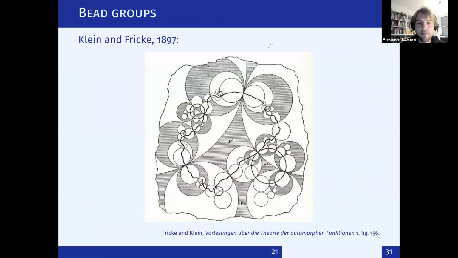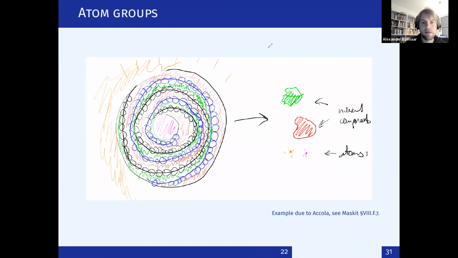In fact, this example which I skipped over: I have an annulus, which is the bit in between these two black circles. I've got a blue spiral, which is wrapping infinitely many times around, and a black spiral, which is wrapping infinitely many times around. On each spiral, I have a chain of tangent circles, which is leaving gaps in between.